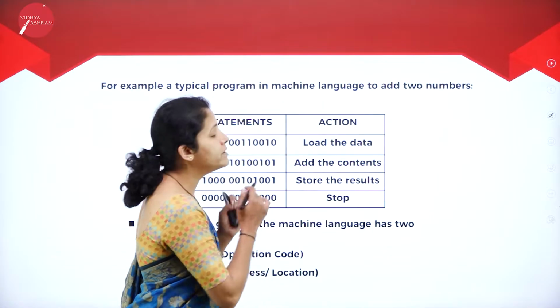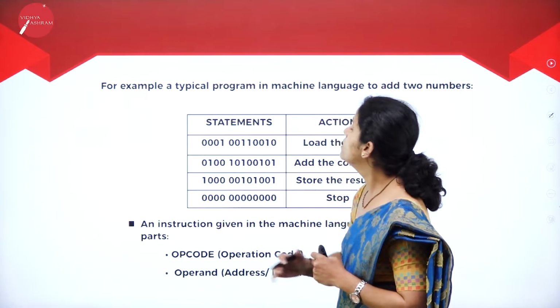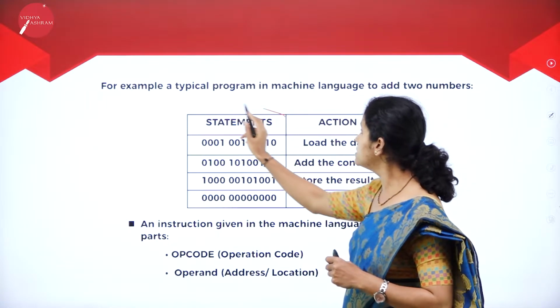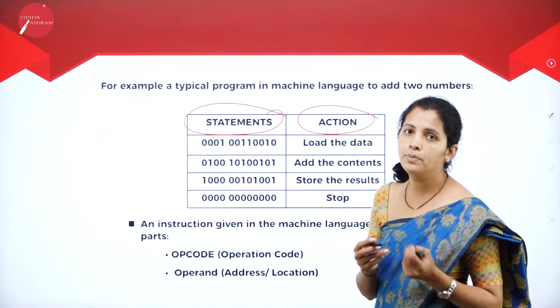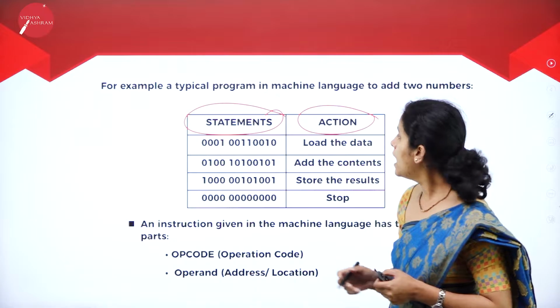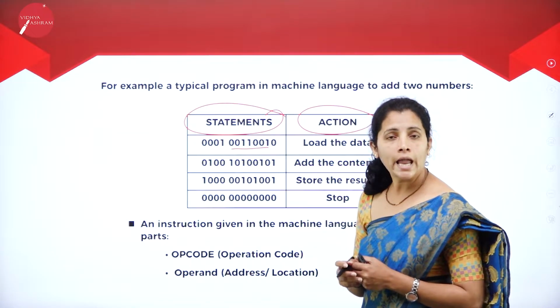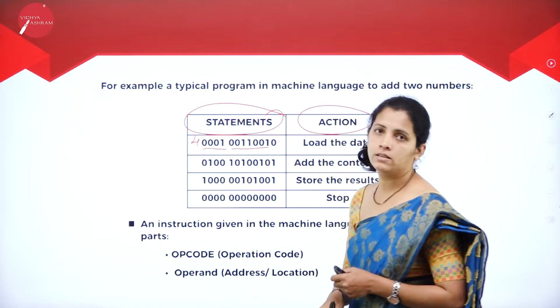Then I have some examples here. This is the example for machine level language. Here I have the statement and the actions the computer wants to perform. If I consider the statement, here I have 8 bits and here I have 4 bits.